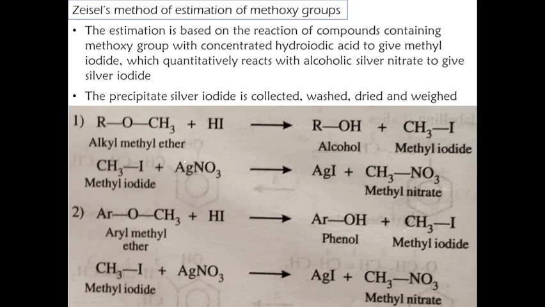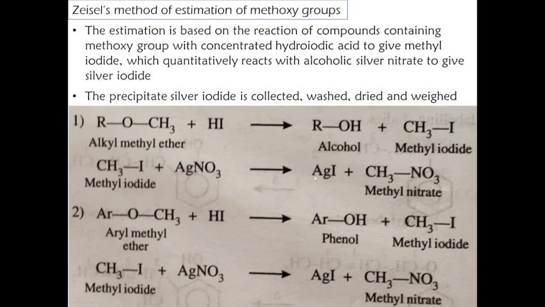Okay, and if we take aryl methyl ether, ArOCH3, where the methoxy group is present, with concentrated hydriodic acid, we are getting phenol and methyl iodide. And this methyl iodide reacts further with silver nitrate, and then we are getting silver iodide.